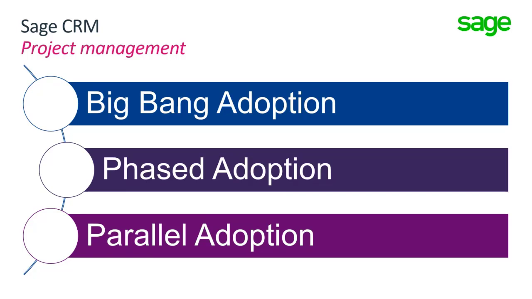Parallel adoption is when you might have two teams working both for the implementation of the accounting system and the integration, and another team working on specifically customizing the Sage CRM team around the customer's requirements. You can identify here there are different complexities involved in each approach, with probably the big bang adoption and the parallel adoption containing the higher risks compared with the phased adoption.